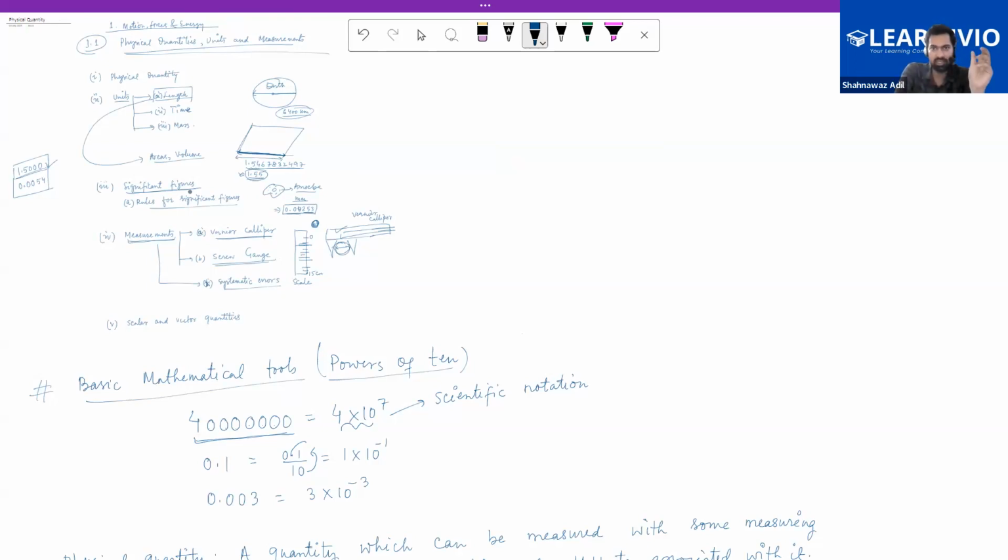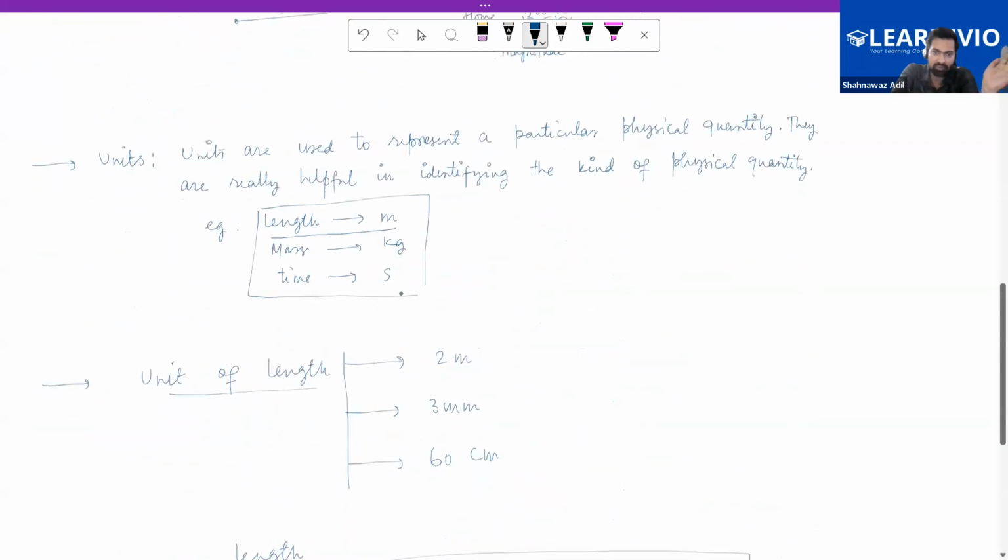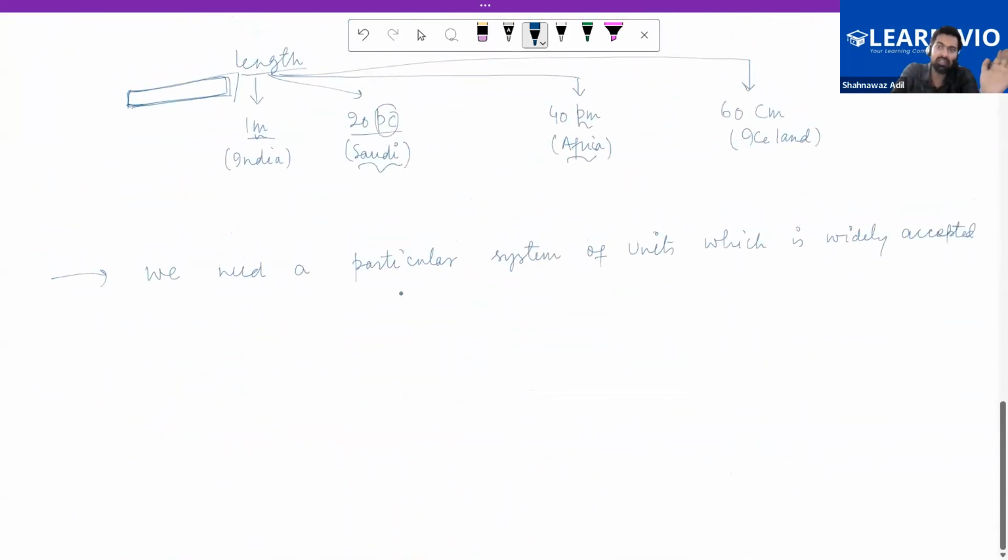There are different operations, like multiplication of different numbers, which will have different significant figures. So what is the final result? How many significant figures should the final result contain? All those things we'll be talking about in the next set of topics. But first, we need to understand this system of units.